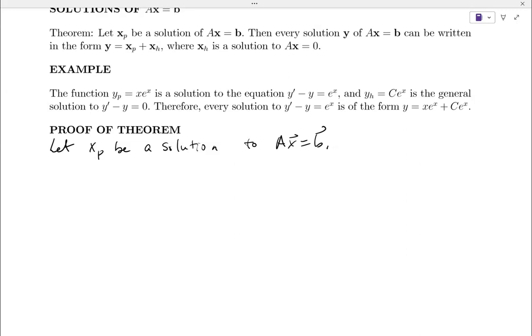I want to talk about generating every solution, right? That's the idea here. So notice that the thing that I'm trying to go for is whatever the y is. So now let y be another solution. Doesn't matter what it is, just pick some other solution.